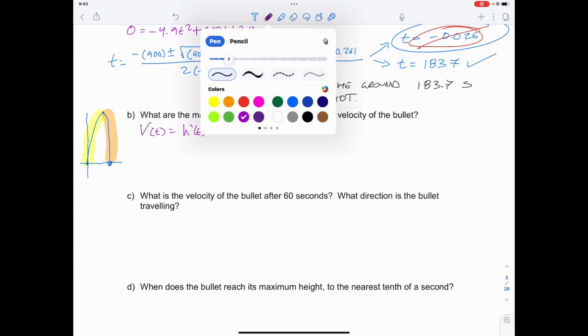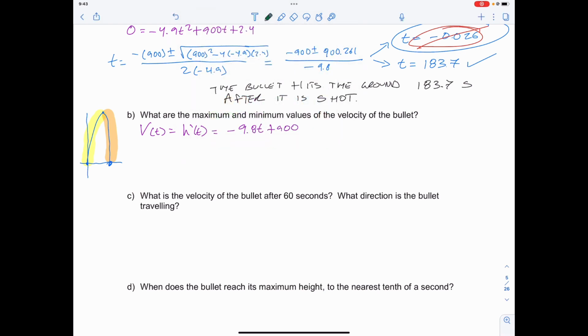Well, the fastest the bullet is ever going to go is right after it is first shot, because that's going to be its highest speed, and it's just going to get slower and slower, or reduce velocity, until it turns around at the highest height it's going to hit. So for the max velocity, that's going to be the instantaneous velocity at 0, which is just going to give me 900 meters per second.